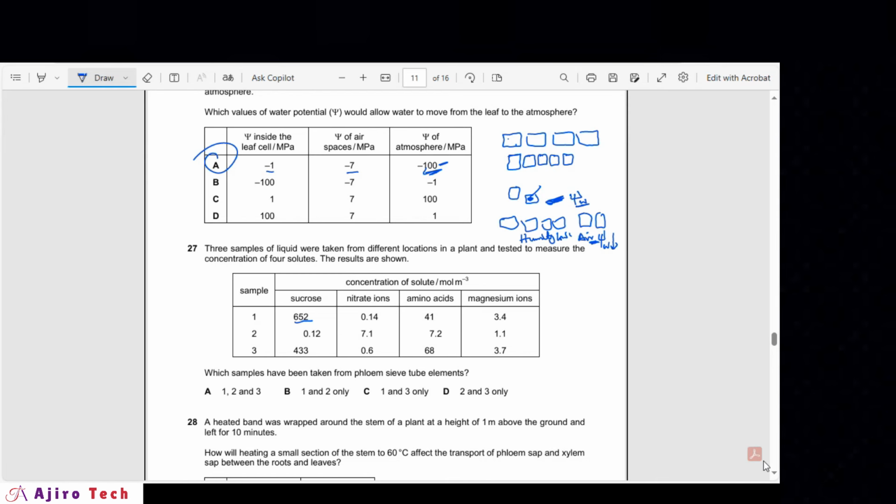Remember, sucrose is the form in which sugar is transported in phloem. Also, in addition, we have amino acids transported in phloem. We call them assimilates, the organic compounds synthesized by living organisms like plants.